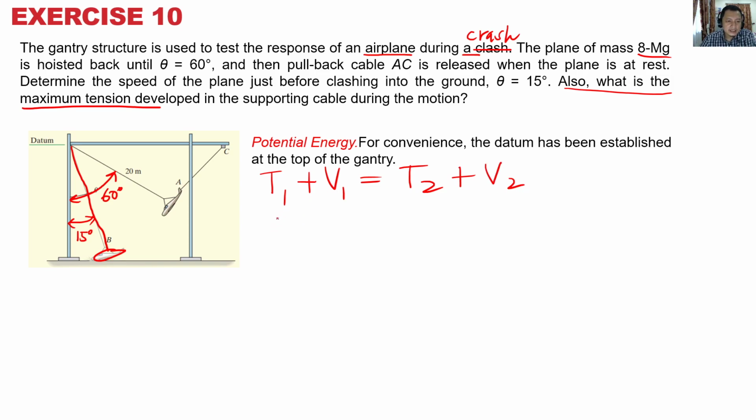Is there original kinetic energy? I don't think so. This is 0. Potential energy, yes, there is a lot. What is the height here?